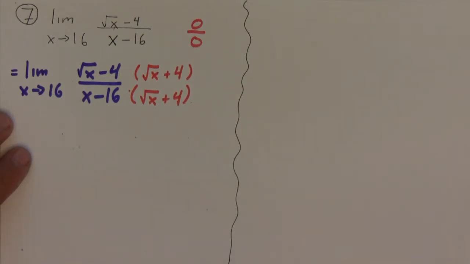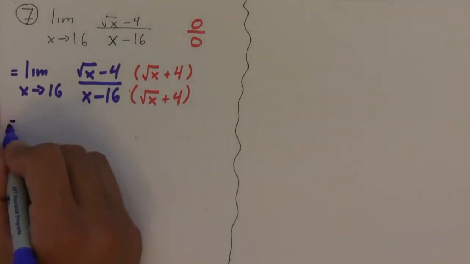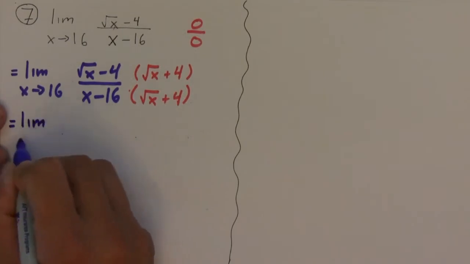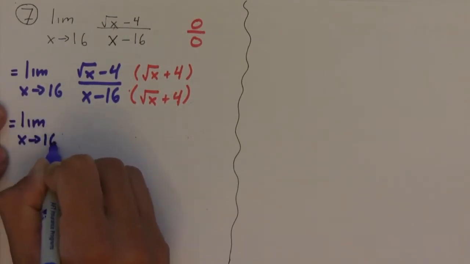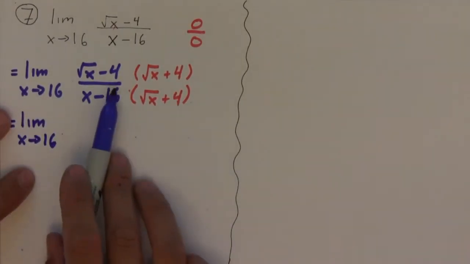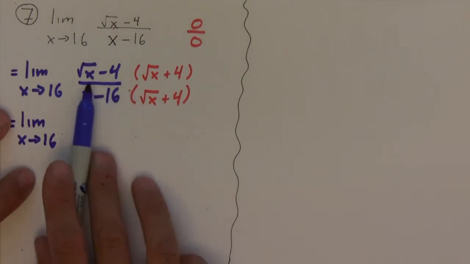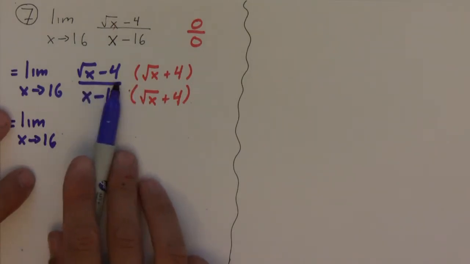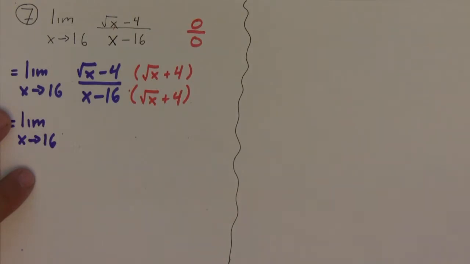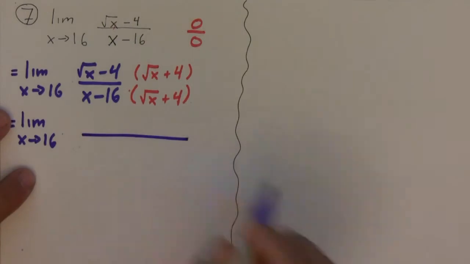Now you have to be careful in that you only want to FOIL with the terms that have the square root in them, and you'll see why in a minute.